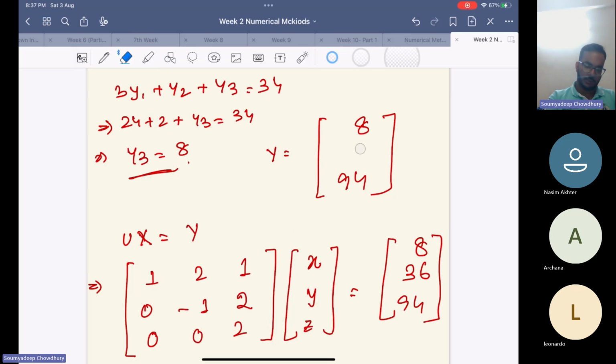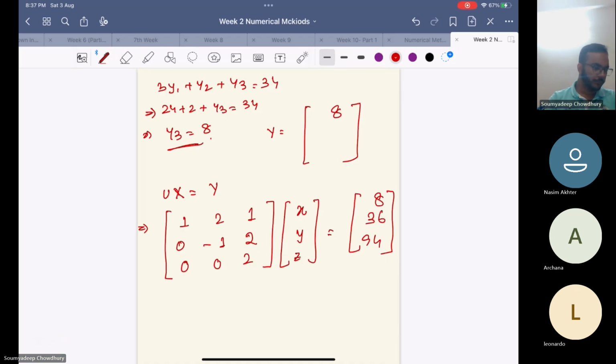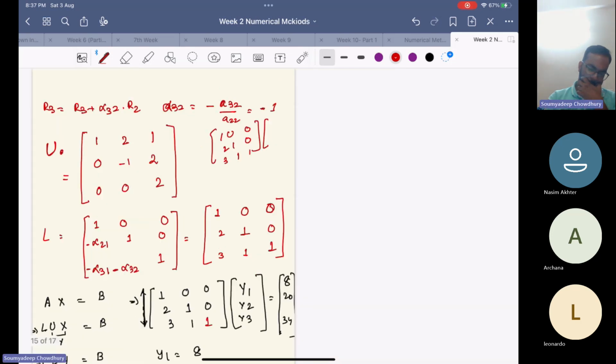So Y matrix is 8, 2, and 8. Is it 8, 2, 8? Y2 is how much? 2.